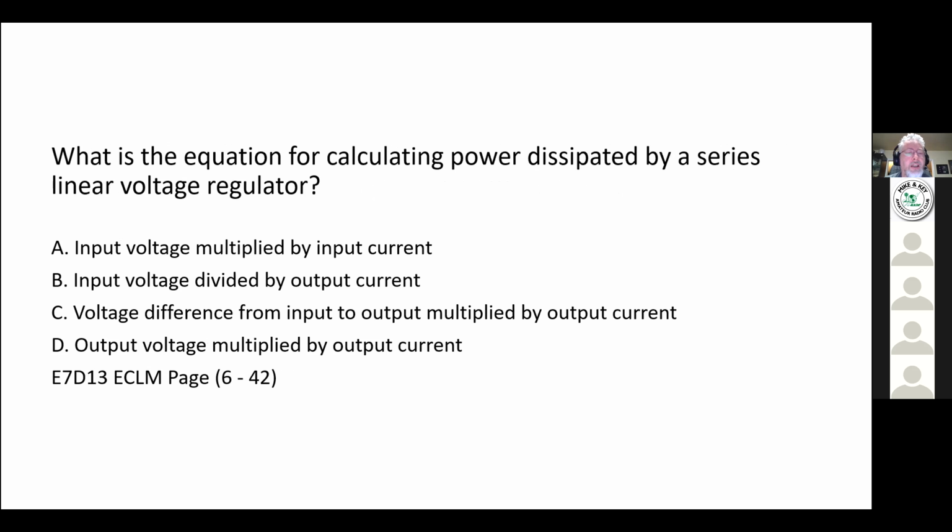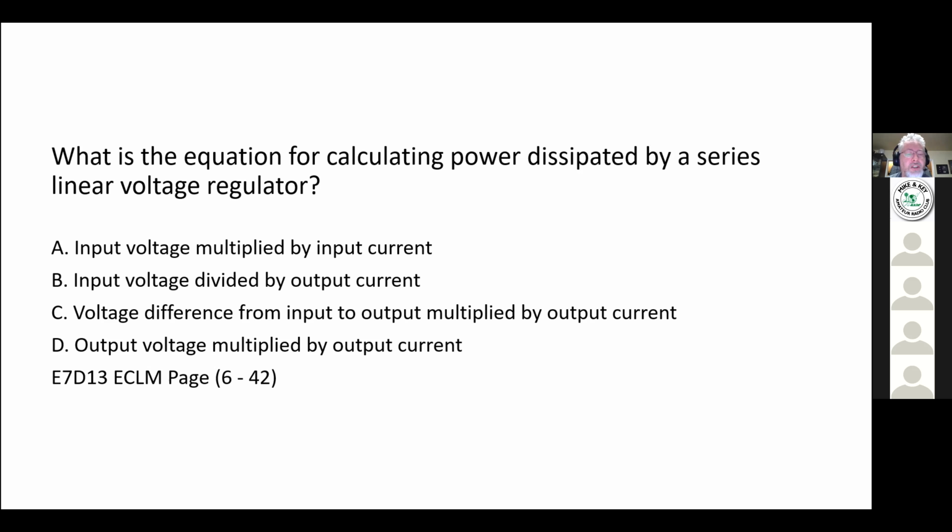What is the equation for calculating power dissipated by a series linear voltage regulator? A, input voltage multiplied by input current. B, input voltage divided by output current.